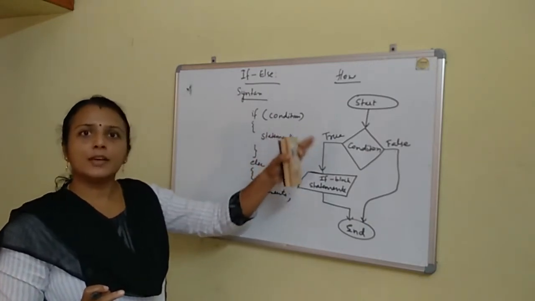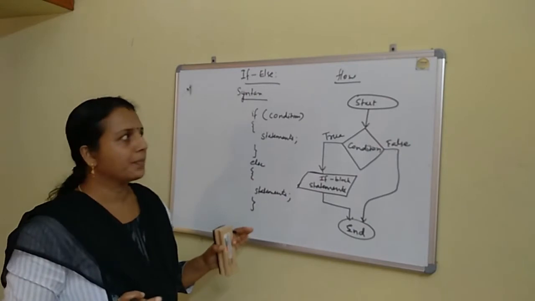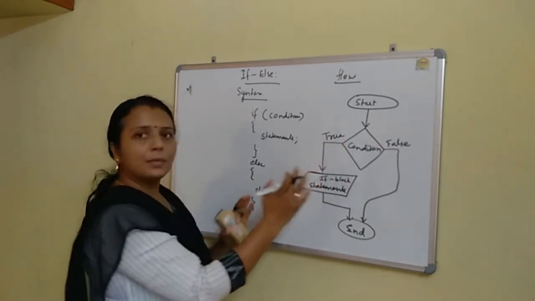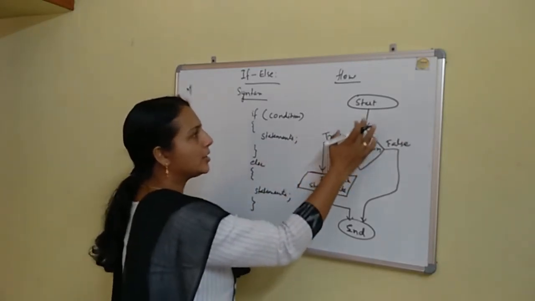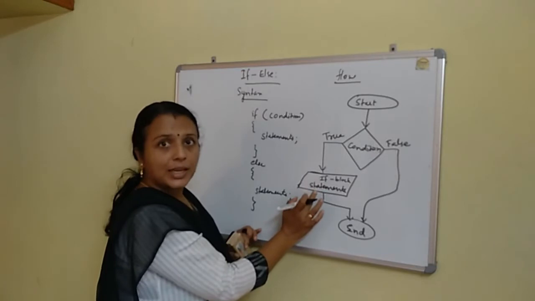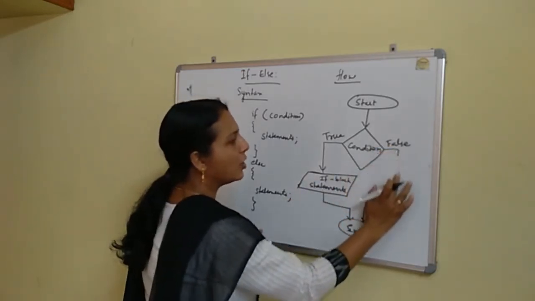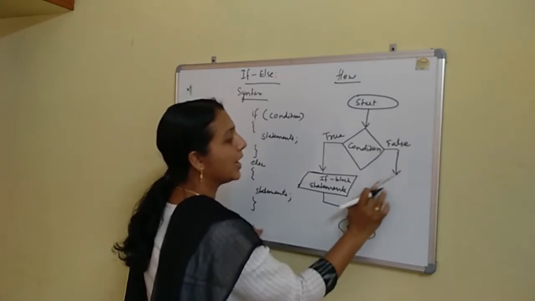Now let us see the flow of execution that happens when the if else block is used. It is somewhat similar to the earlier one, with a little change. When the condition is true, it is going to execute the statements present in the if block, and when the condition is false, it is going to execute the statements present in the else block.